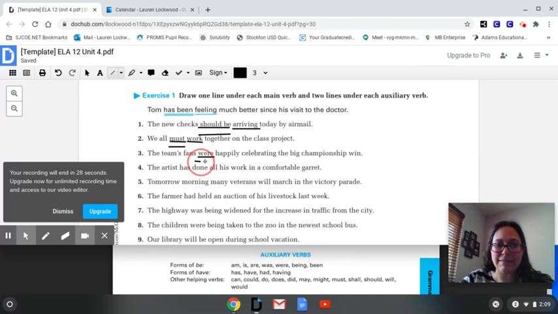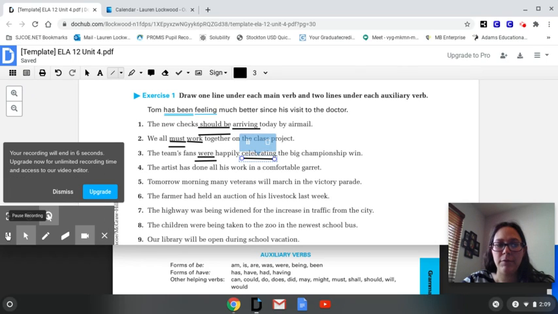Now this one is a little bit trickier because it has an adverb in the middle that's describing the verb. What were they doing? They were celebrating. And I can ask, how were they celebrating? They were happily celebrating. That's an adverb, and that makes it a little tricky when those adverbs are in between.